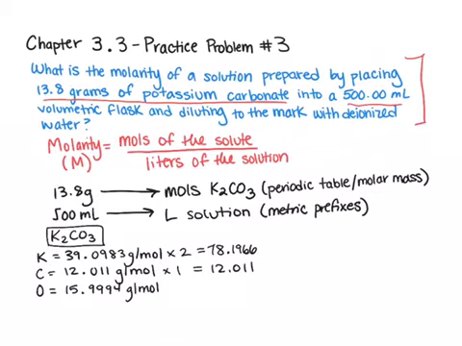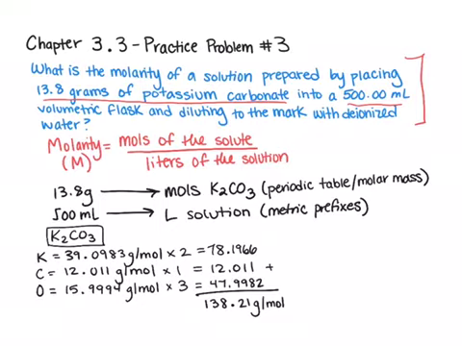And for oxygen, we have 3 in the formula. So multiply that by 3 and get 47.9982. I'm going to add these all up to find the combined molecular mass of potassium carbonate, and this is equal to 138.21 grams per mole.